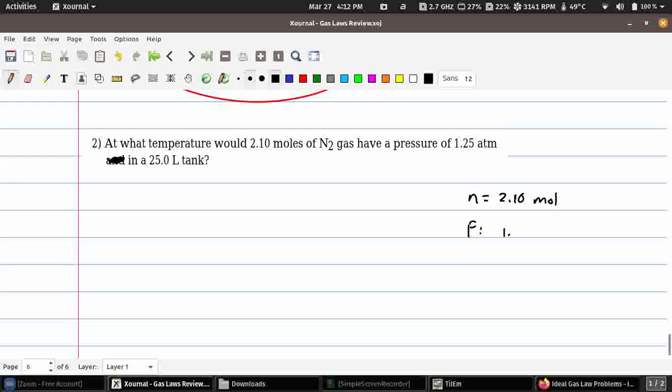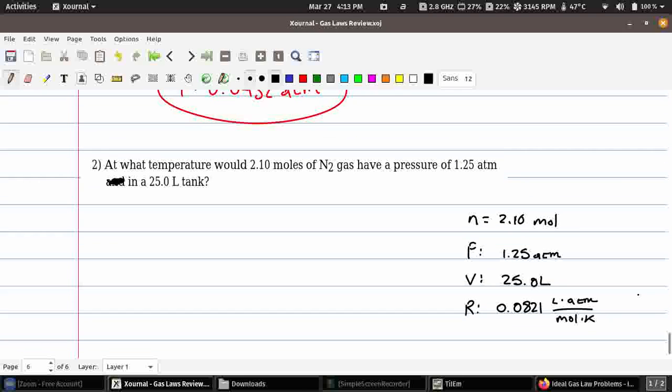Pressure is 1.25 atmospheres. We have volume is equal to 25.0 liters. So we're trying to solve for temperature. So R equals 0.0821 liters times atmospheres over mole times Kelvin.